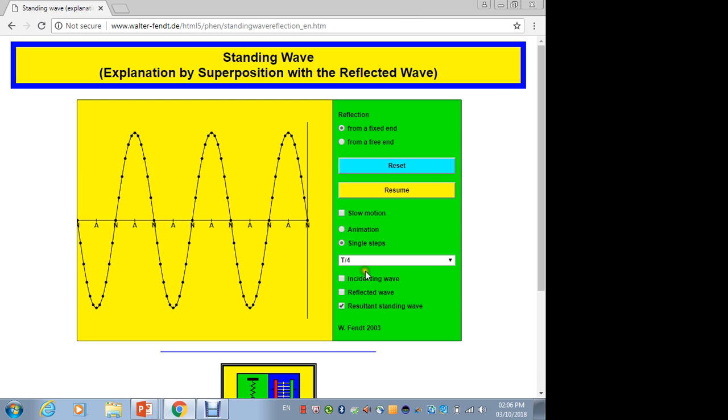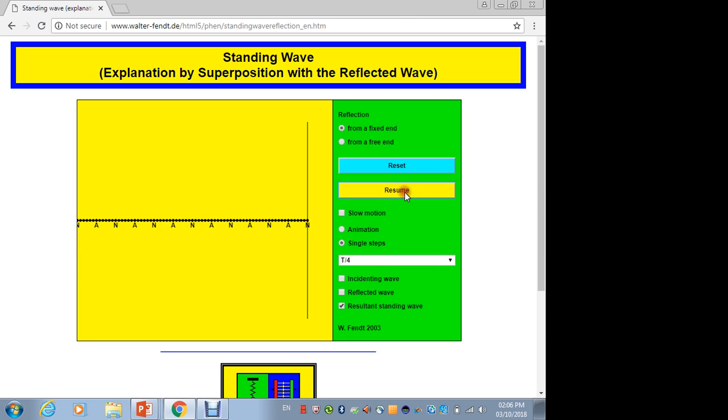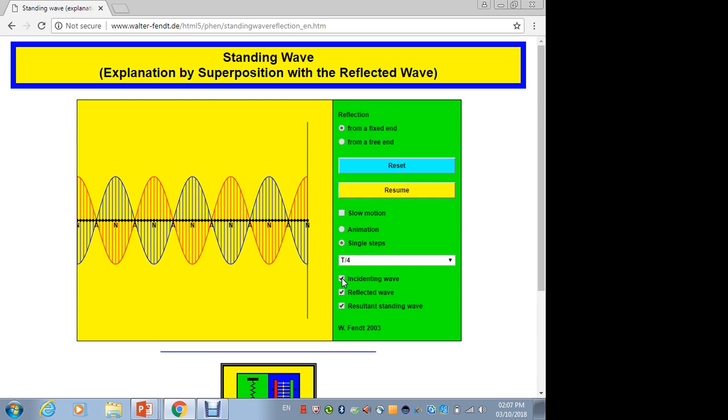I'm going to do the next step, which is your figure 5. That is 1/4 T later. The resultant wave looks like this. Why does it look like that? Let's look at the reflected wave and the incident wave. They are exactly out of phase.